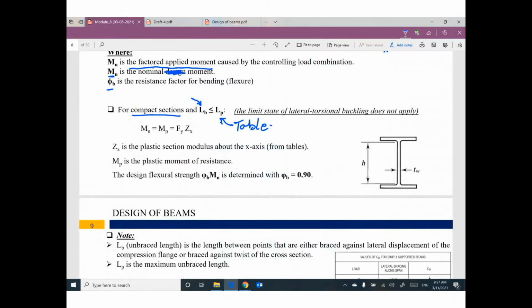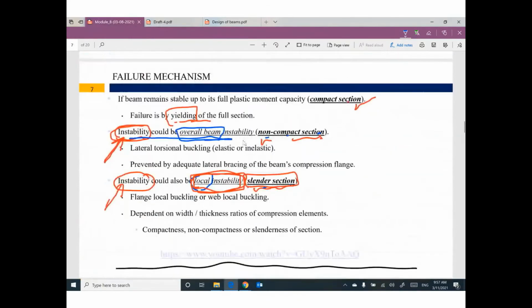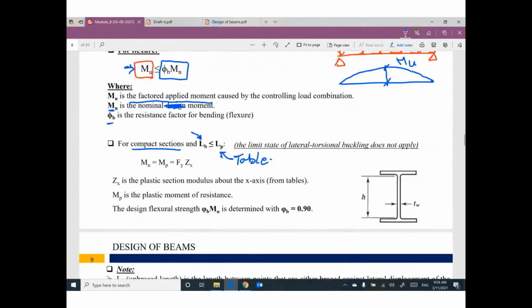So, as engineer, you have to decide what is the spacing between bracing. Guys, did you remember this picture? So the engineer, the designer, decided he will put these bracing every, for example, 10 feet. So LB equal 10 feet. And then you will select a cross section.